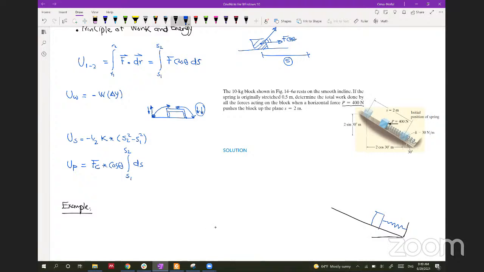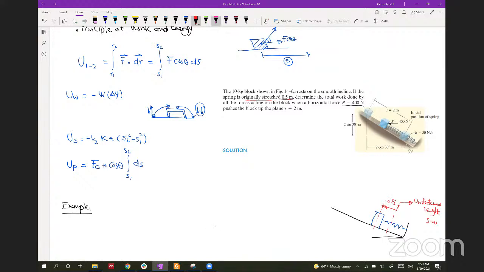If this is the unstretched length of the spring, because we need to translate this, the spring is originally stretched 0.5 meters. So this is the unstretched length, which means that S equals 0, and the body was at a stretched length of S equal to 0.5 meter.